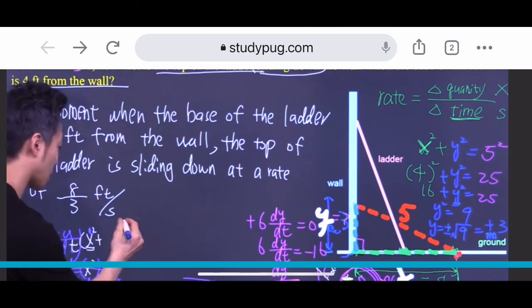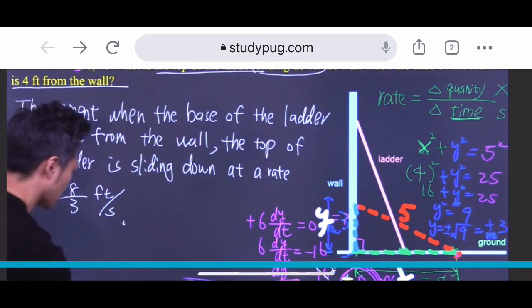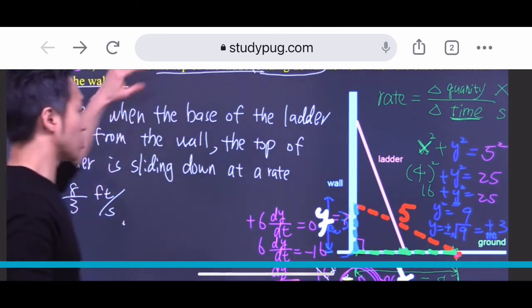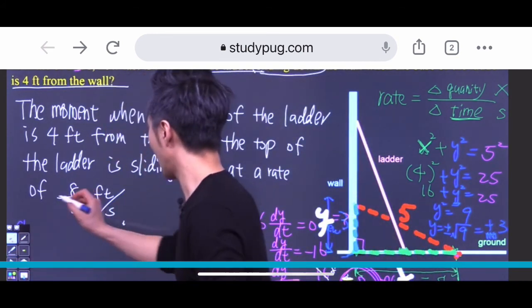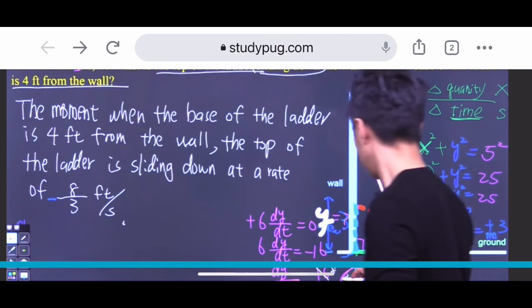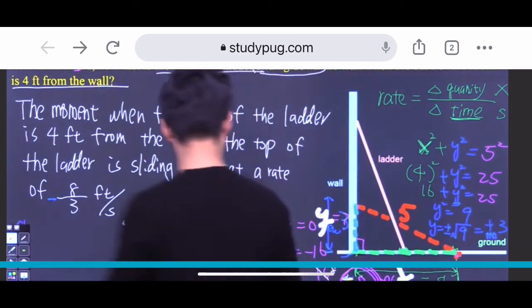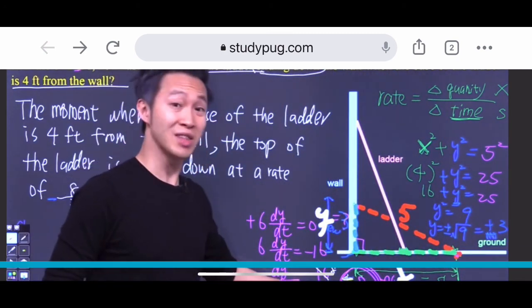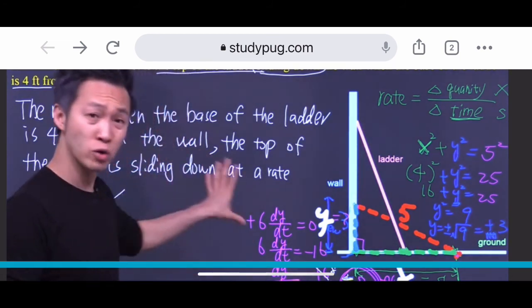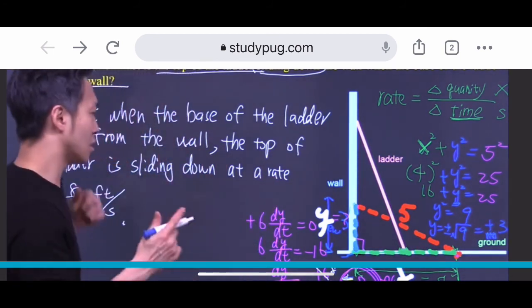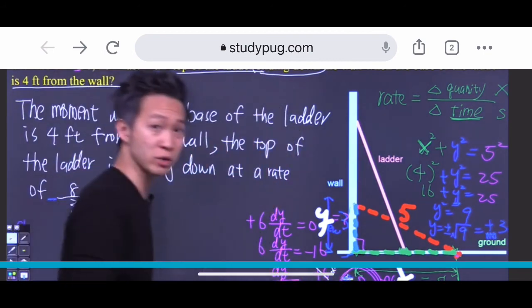Guys, be careful, okay? When you write the final answer, make sure you don't add a negative sign right here. We found dy/dt to be a negative value, which makes sense. However, when you write the final answer, the negative simply tells us what?